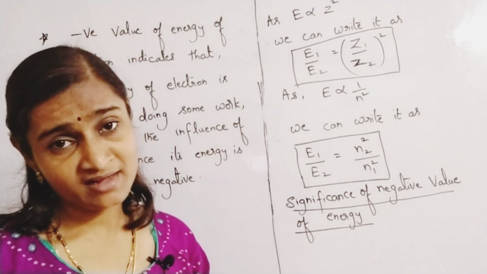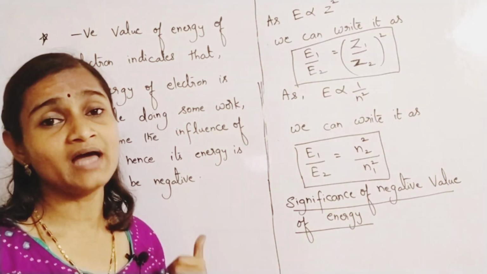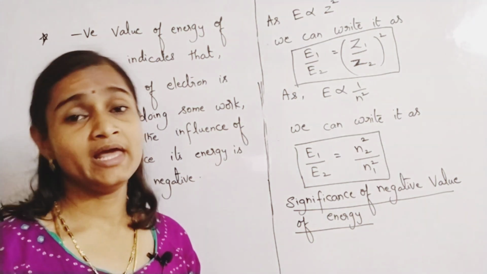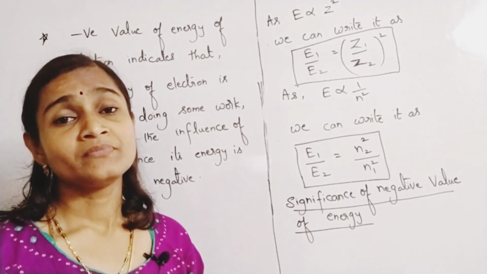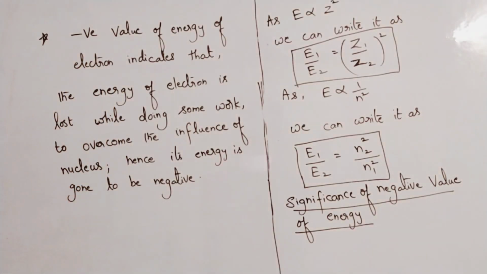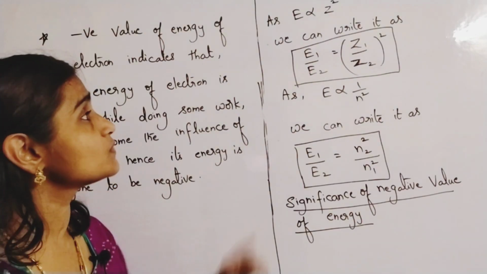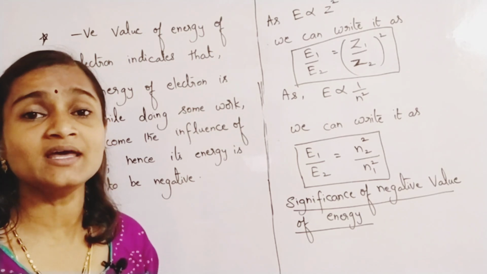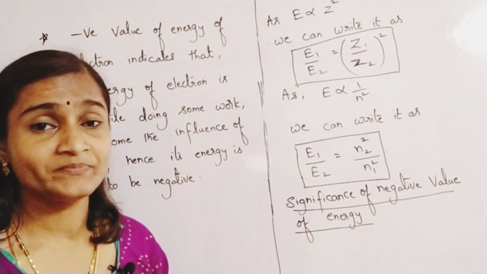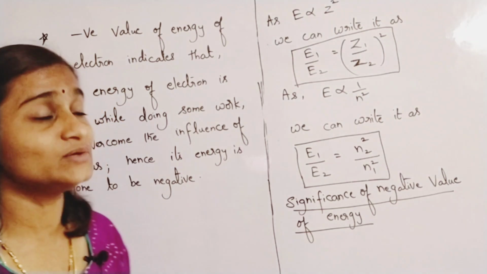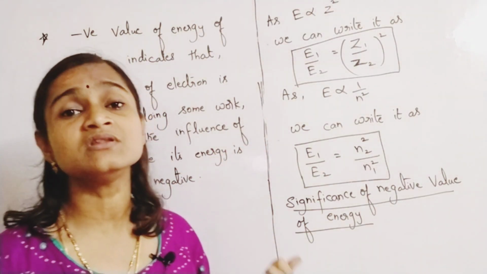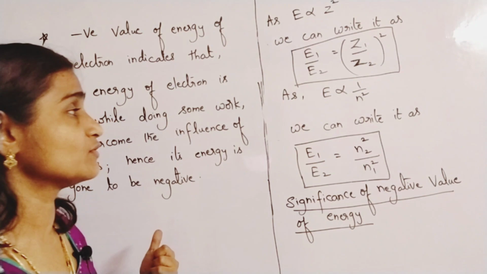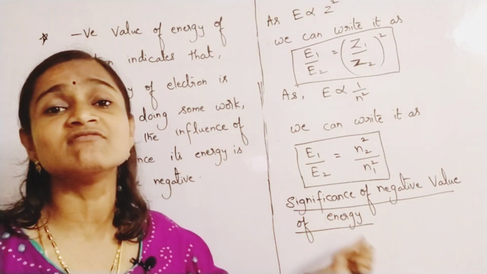And in place of r, what did we do? We substituted the actual value of the radius of the electron orbit. What is the value for the radius of the orbit? The radius of the orbit is given by the formula n square h square by 4 pi square m e square Z. In place of r, we substituted that value and got one more expression for the energy of the electron, and there we find a negative value.